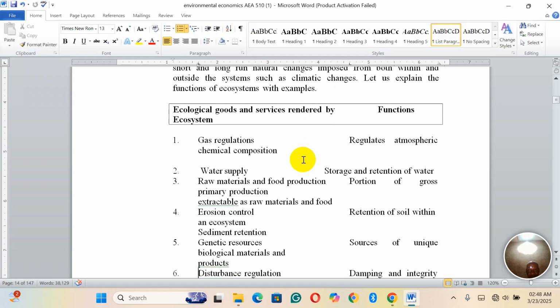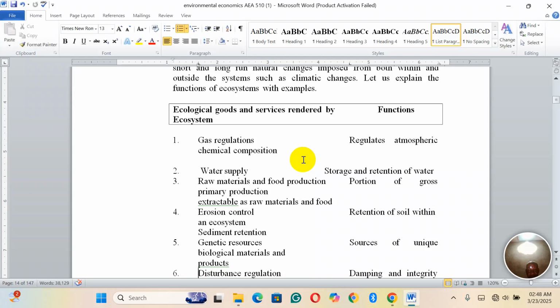As we see them, one, gas regulation, regulation of atmosphere and chemical composition. Then two, water supply, storage and retention of water. Three, raw materials and food production, portion of gross primary production extractable as raw materials and food.